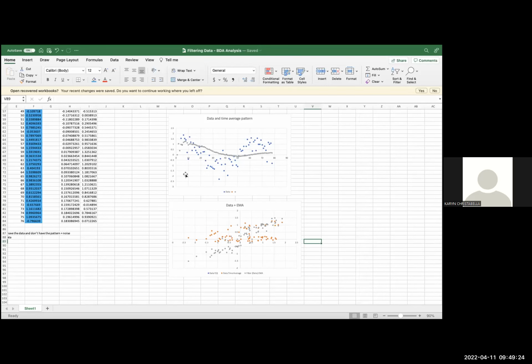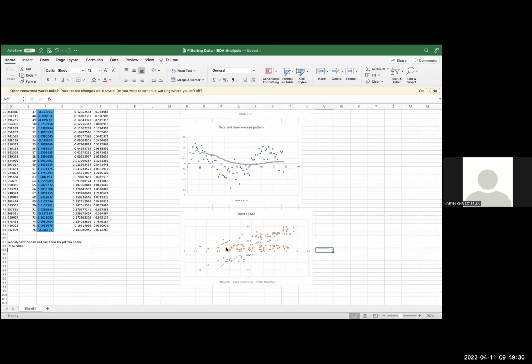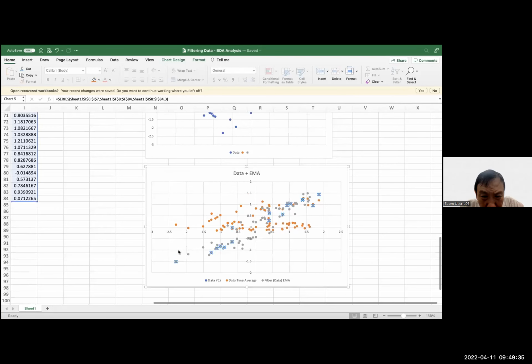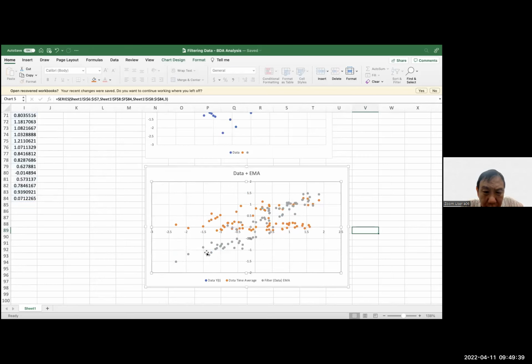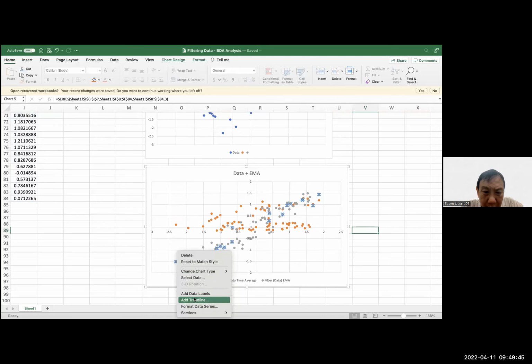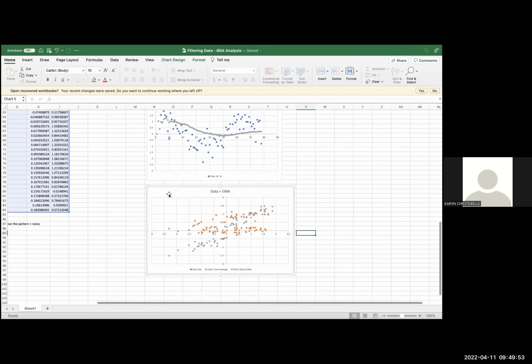Okay, so is it like this, sir? Correct. So can you change your EMA into a line in the graph? And then your data time average you can remove. Change chart type.